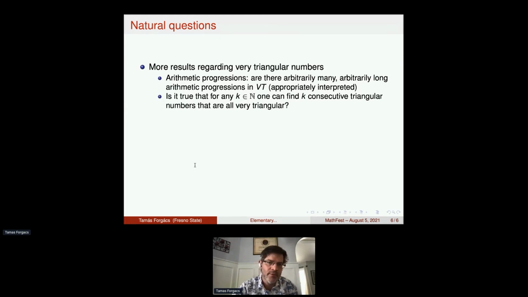Also open is the question whether or not, given any integer k, you can find k consecutive triangular numbers that are all very triangular. So we've been able to show this for k equals 6, and of course, henceforth k equals 1 through 6. But I actually think that it's true for every k. And the reason I think it's true for every k is based on computer experimentation.